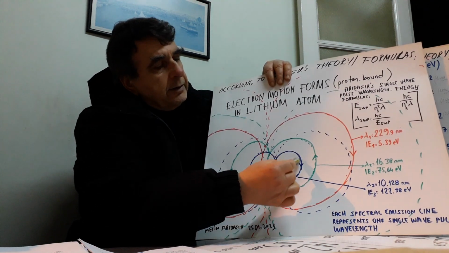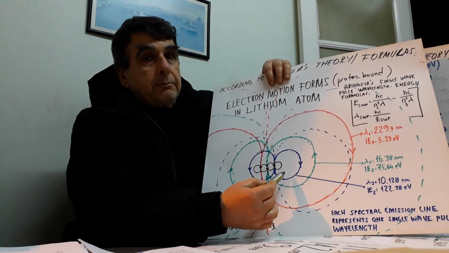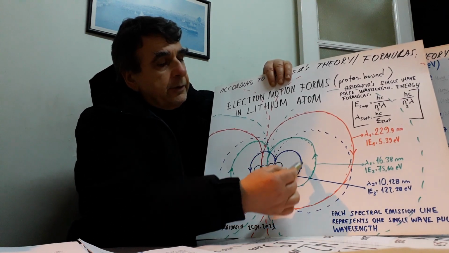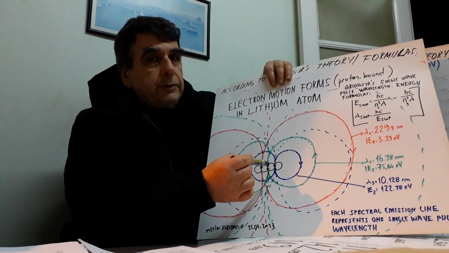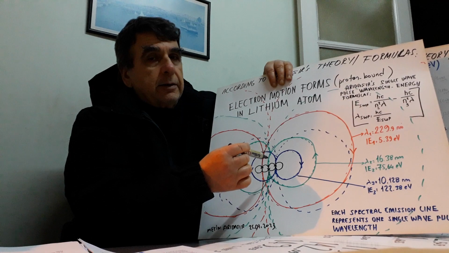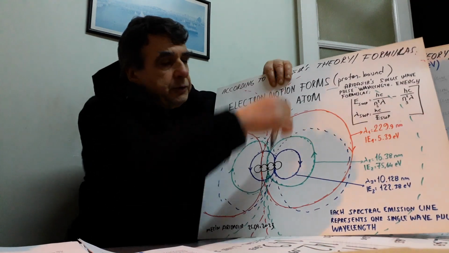This is the first binding electron, which shrinks inversely proportional to the proton number squared.